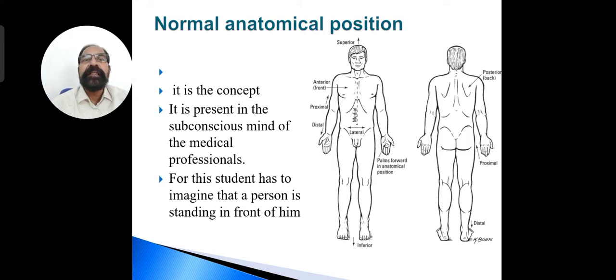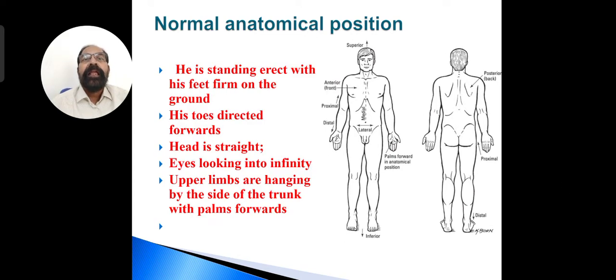It is present in the subconscious mind of the medical professionals. For this, the student has to imagine that a person is standing in front of him. He is standing erect with his feet firm on the ground. His toes are directed forwards.